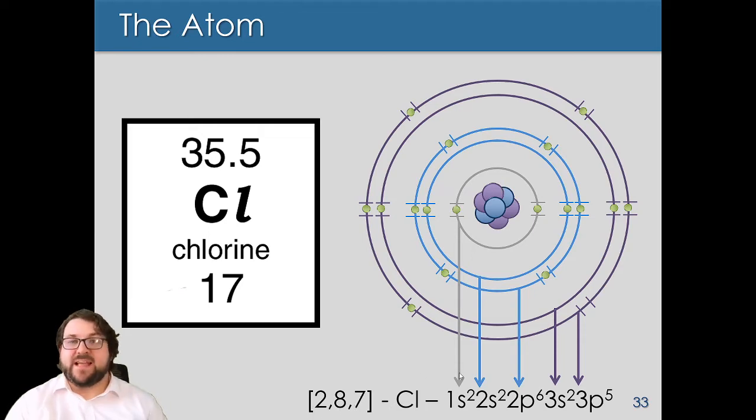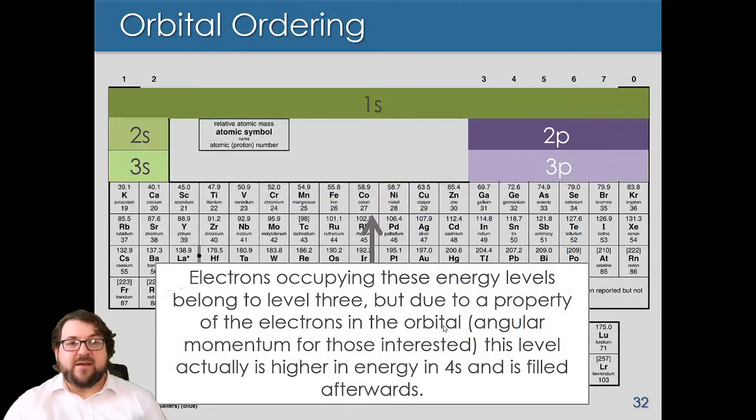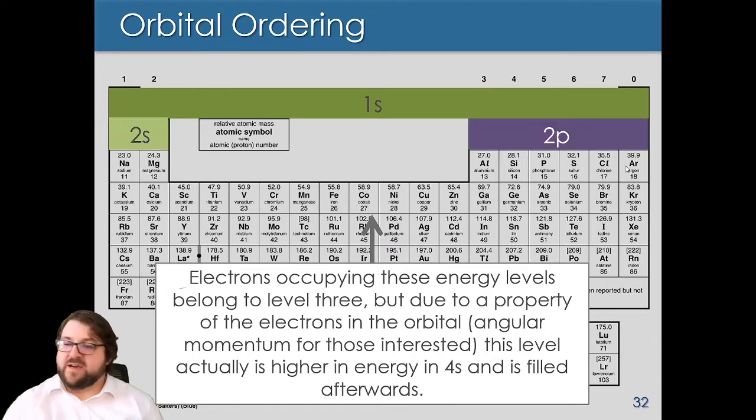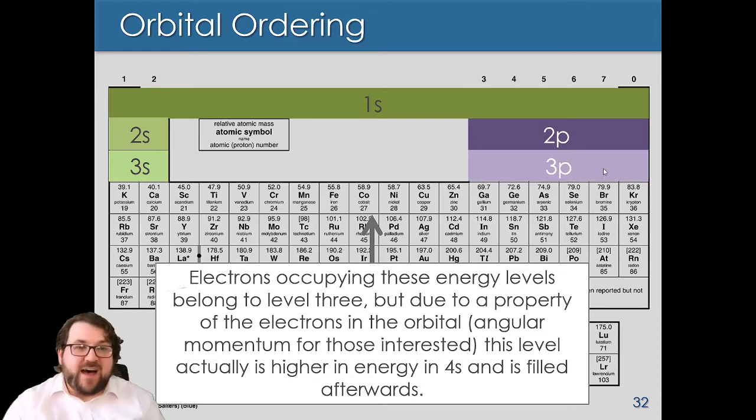Or if we were to break it down using that whole process again, chlorine goes all the way through 1s2, 2s2, 2p6, because there's 6 elements there, 3s2, and chlorine is in the 3p5 electronic configuration.